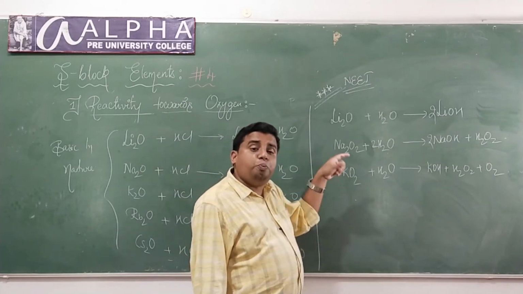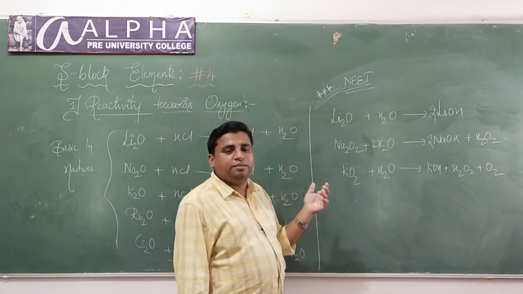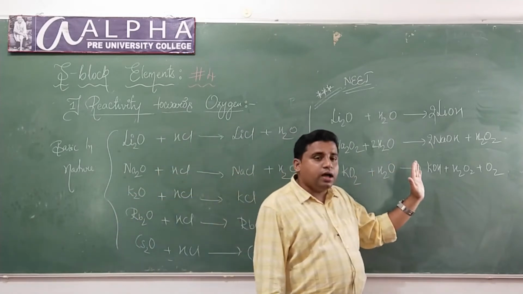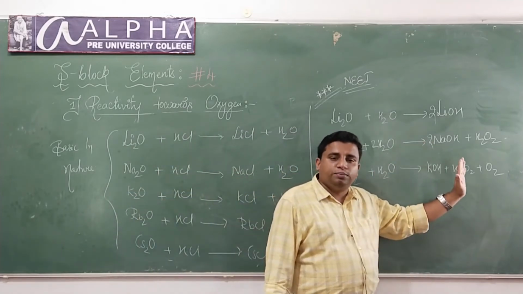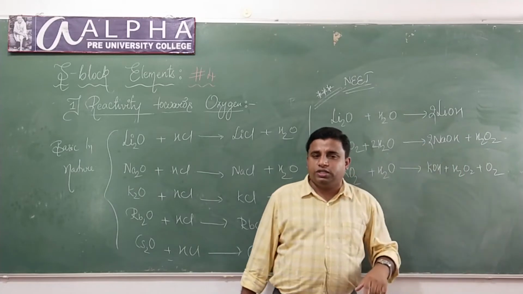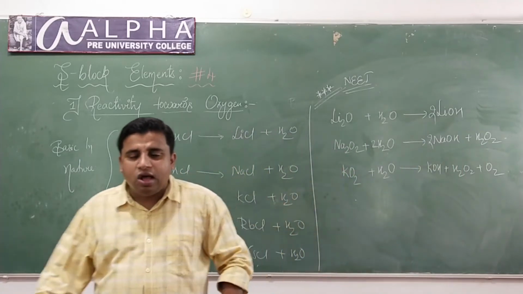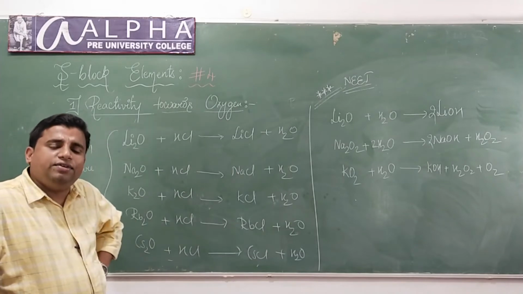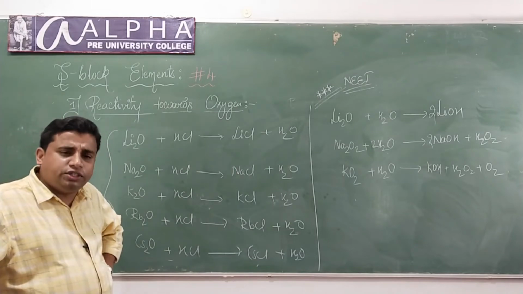When potassium superoxide, rubidium superoxide and cesium superoxide react with water, they form hydroxides, hydrogen peroxide and oxygen. So this is about the reactivity of alkali metals with oxygen.